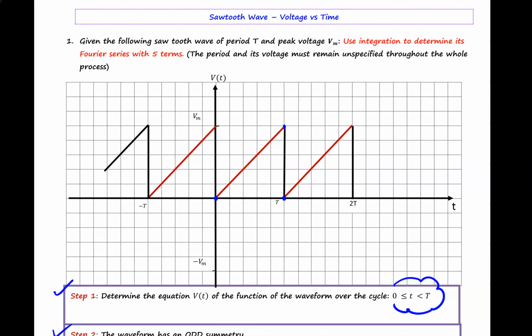And to find the equation for this line, I am going to define two coordinates, and use those two coordinates to find my equation.